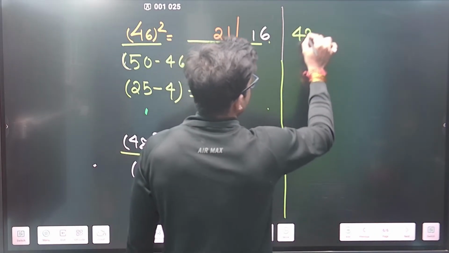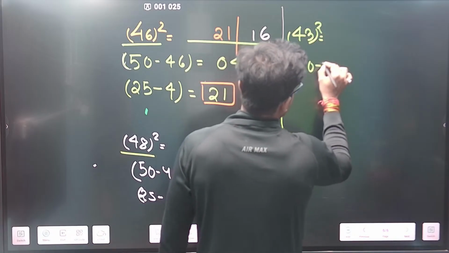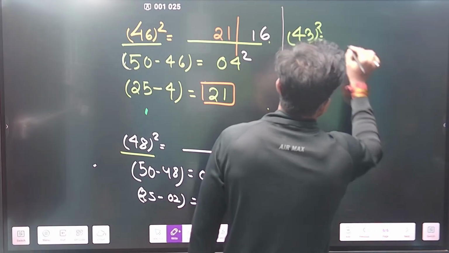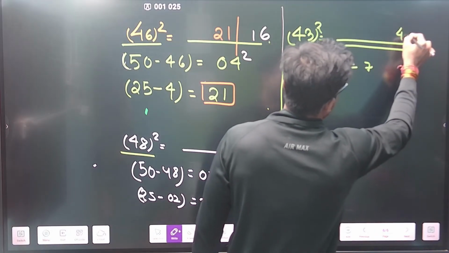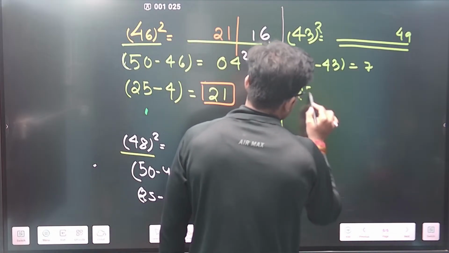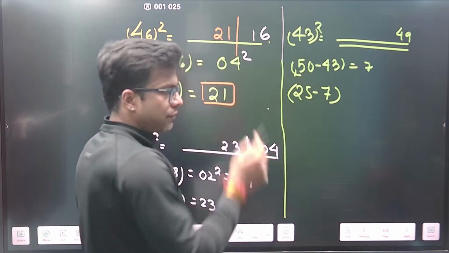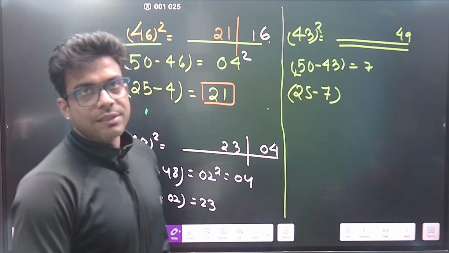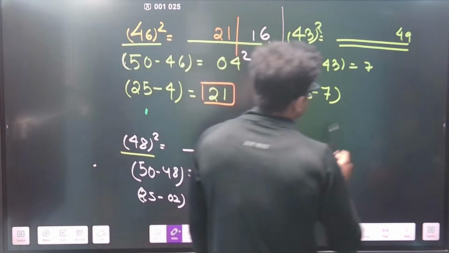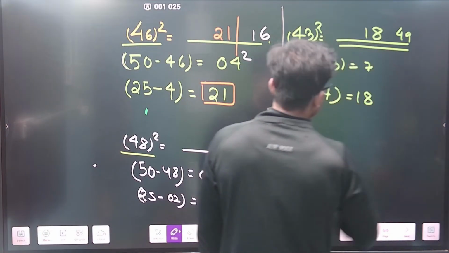From 50, how much is it less? 50 minus 43 is 7, and 7 ka square is 49. First of all, 25 minus 7 is what? Come on, say 18. Yes, you will get 18. So write down 18 over here. So this is the square.